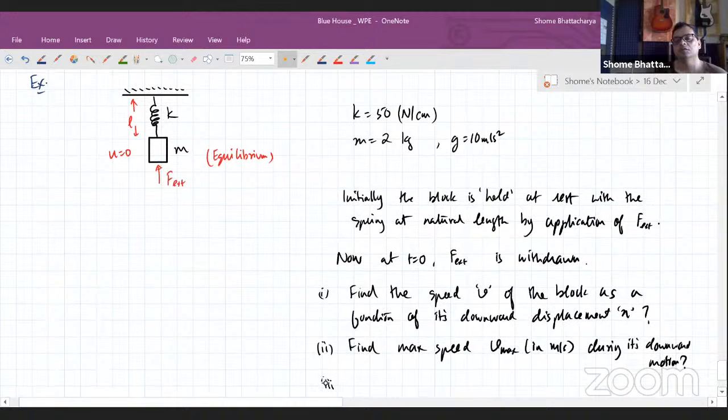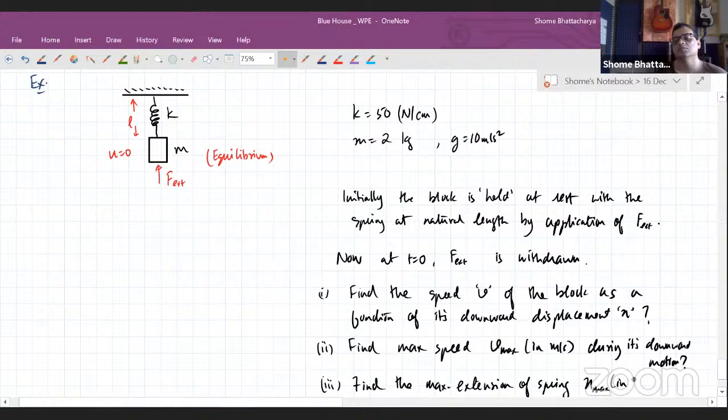And third, find the maximum extension of the spring, x maximum in meters, sorry, in centimeters.